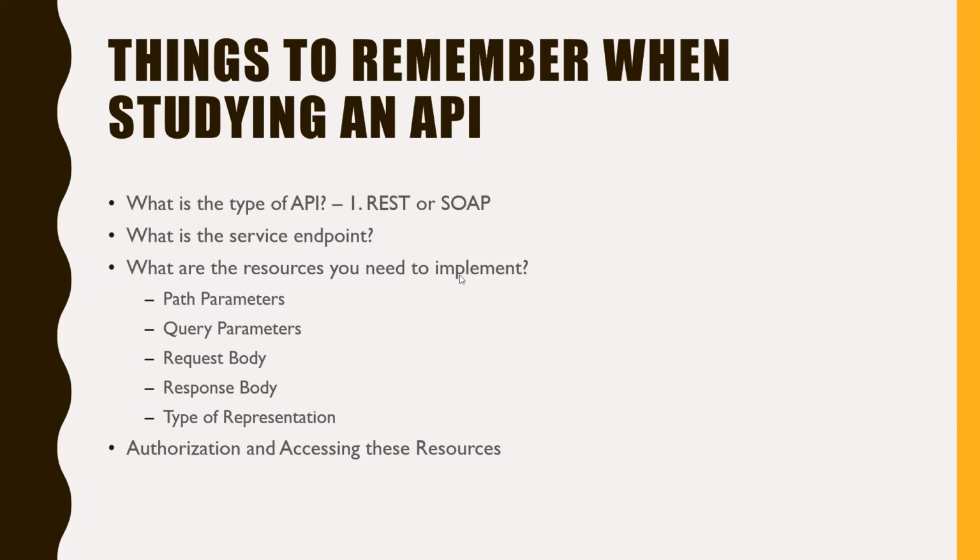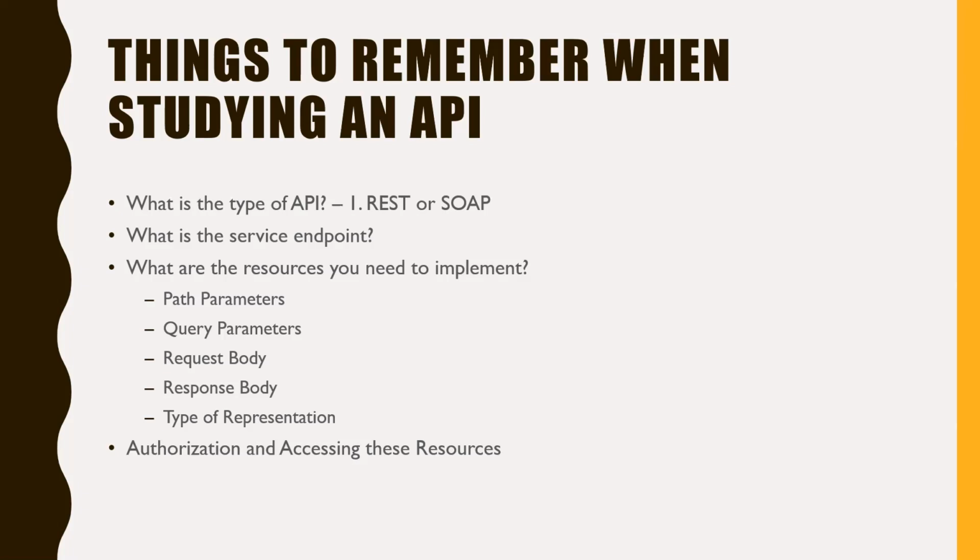The resources you need to understand and implement depend on your operations. For example, if it is an append, a delete, or adding something, these are the resources you need. Each of the resources will have parameters or factors to cover, depending on the type of request and the type of resource.